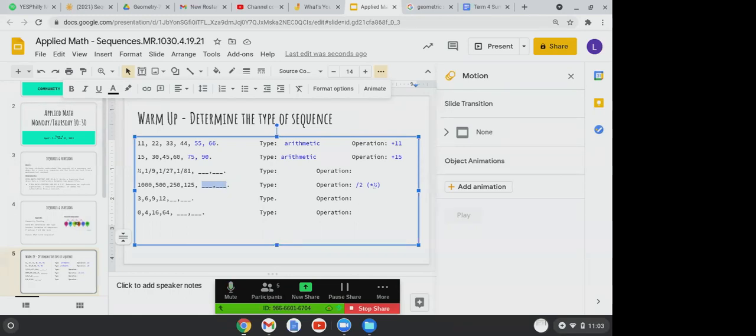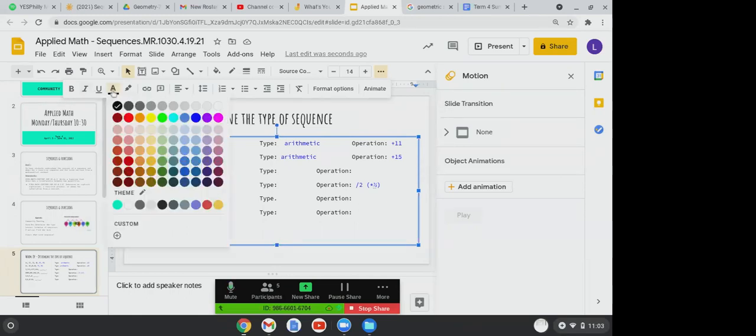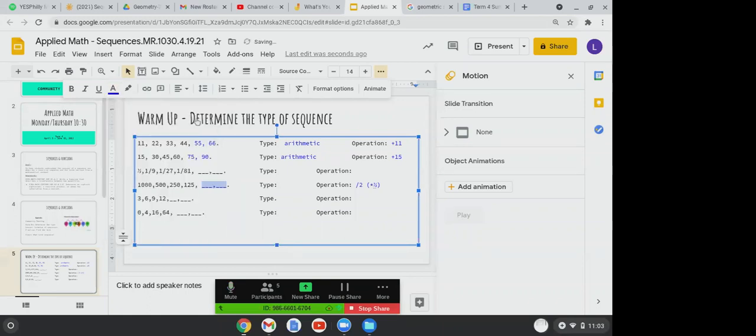Y'all can break out them calculators. 62.5. Okay, and then divide that by 2. 31.25. Right. All right, thank you.